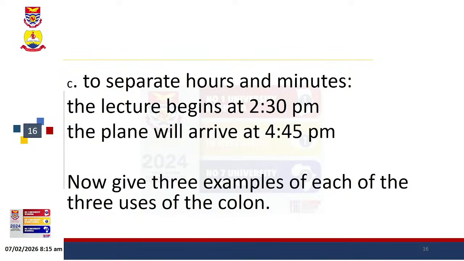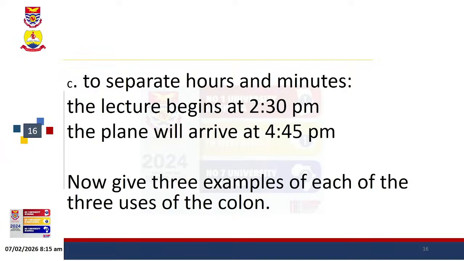We can also use the colon to separate hours and then minutes. Sometimes it is hours, minutes, and then seconds, and sometimes even microseconds. So the lecture begins at 2:30 p.m. 2:30 is indicative of the fact that we are separating the hour from the minutes.